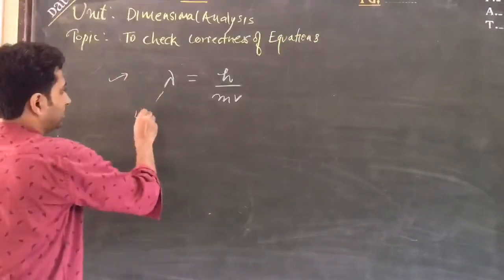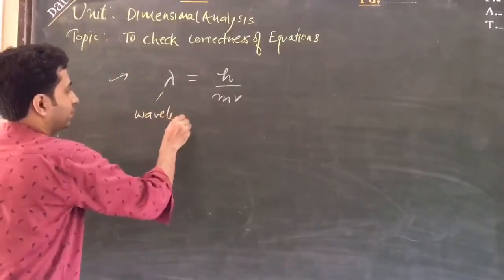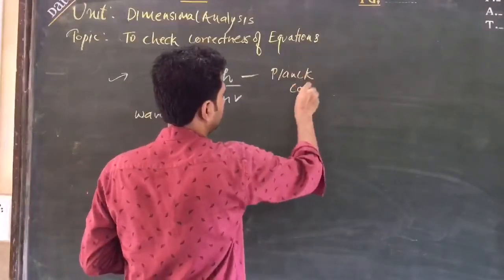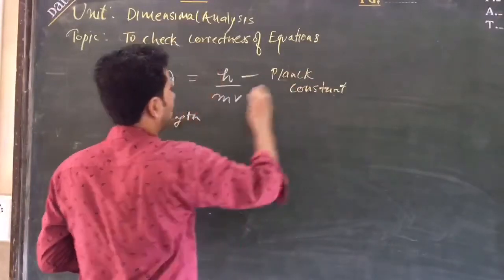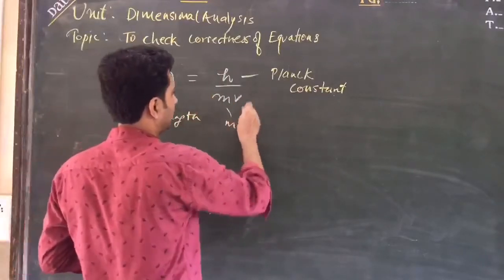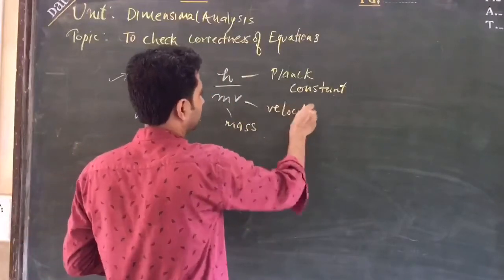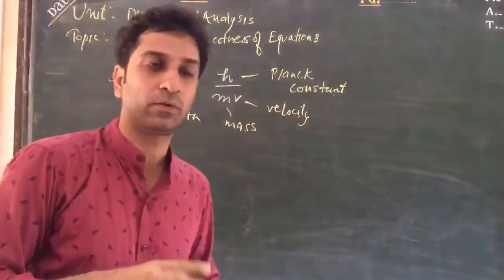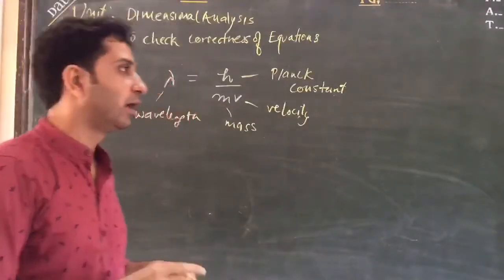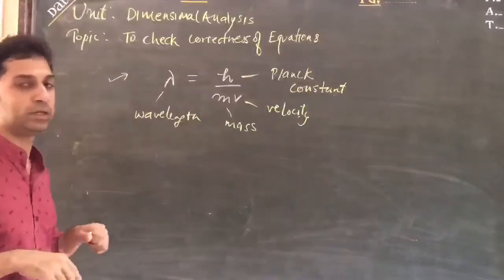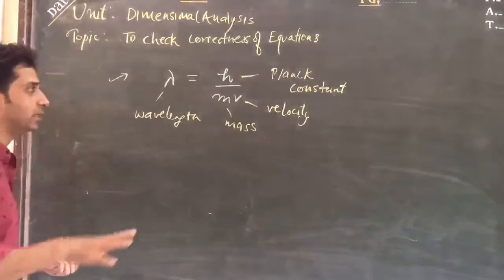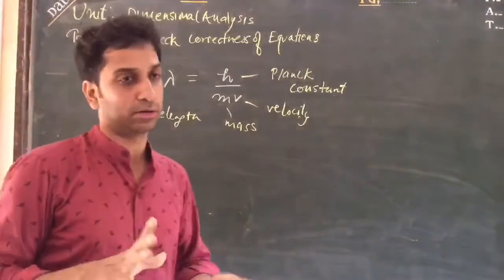Lambda is the wavelength, h is called the Planck constant, m is mass, and v is velocity. It is also called the de Broglie equation, which you will study in higher classes. Here we only want to check the dimensional concept. We need to see whether the given equation is correct or not.